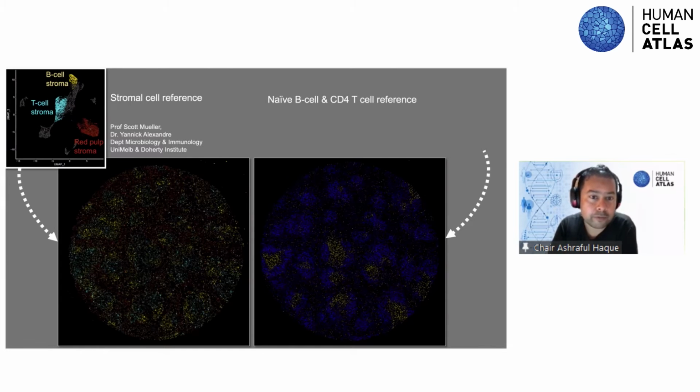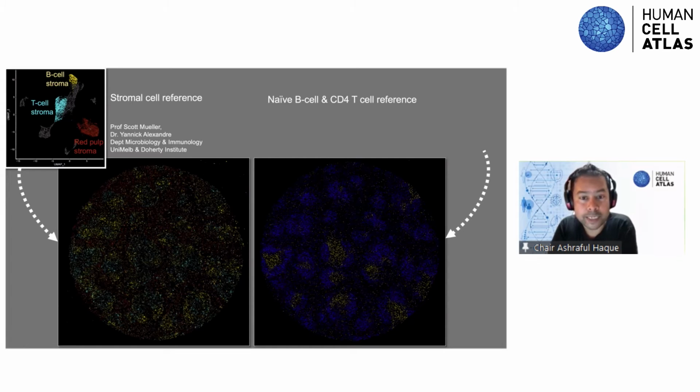So on the left, we took a stromal cell reference data set from expert colleagues at the Doherty, Professor Muller and Dr. Alexandra. And we could see there was structure when we tried to map those T cell, B cell, red pulp stroma cells into the array.